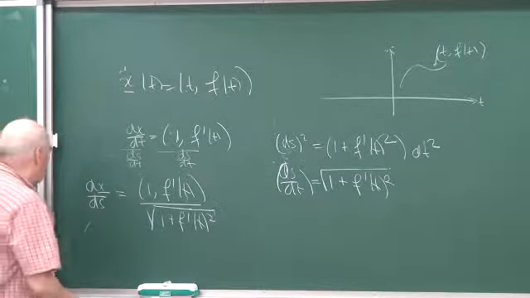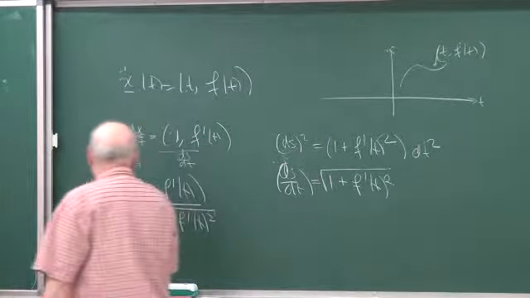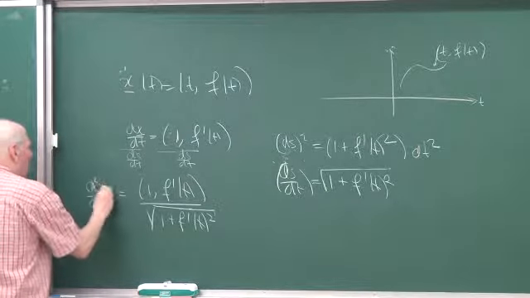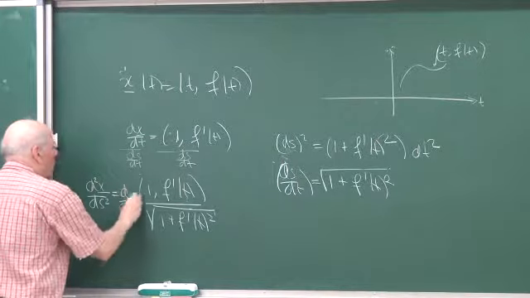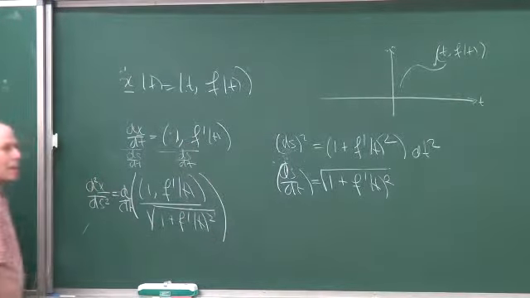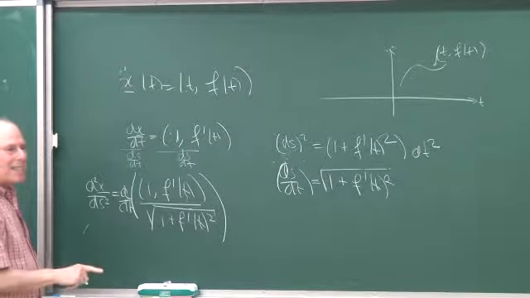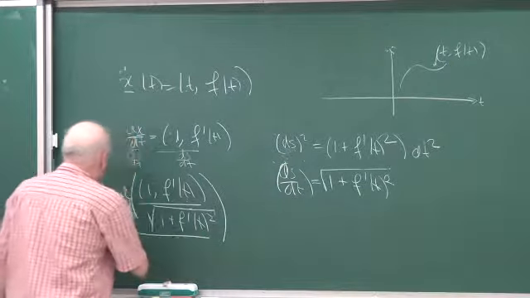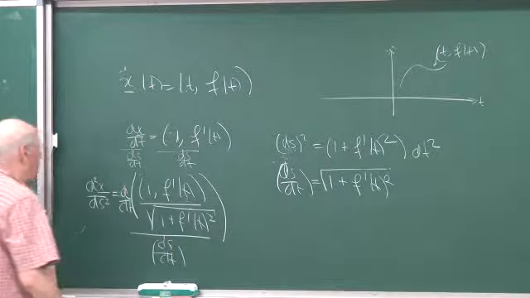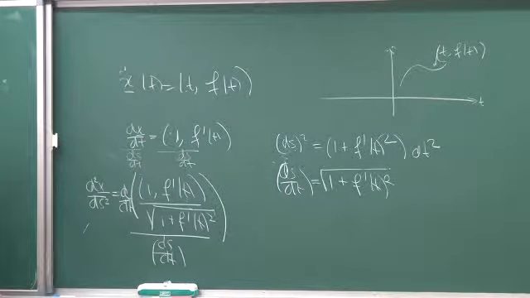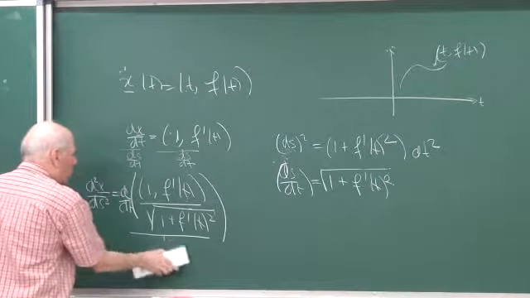Now I have to take one more derivative. So I have to take this guy d/dt times dt/ds. But dt/ds upstairs is the same as ds/dt downstairs, which I just computed as the square root of 1 plus f prime squared.